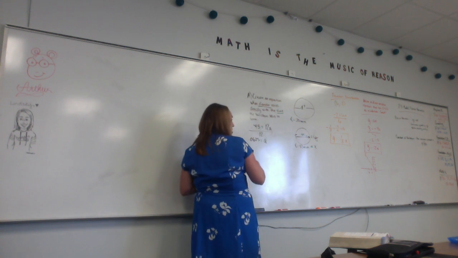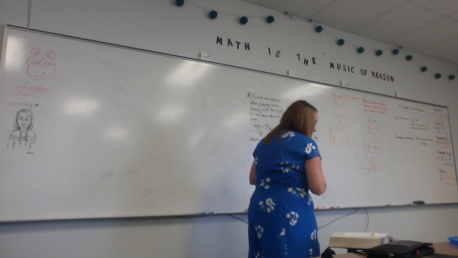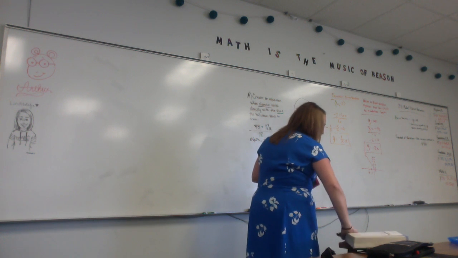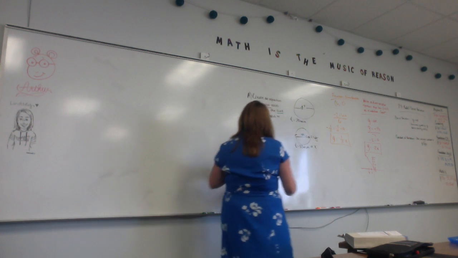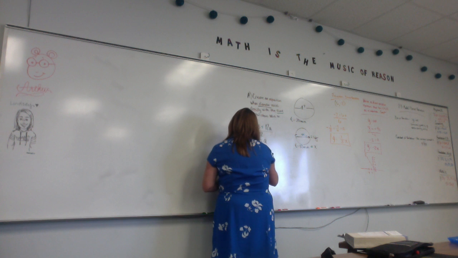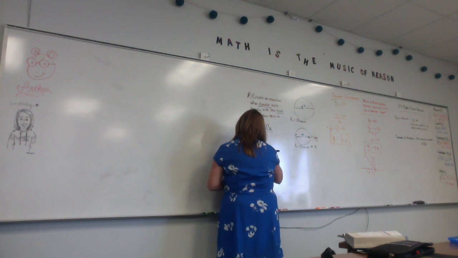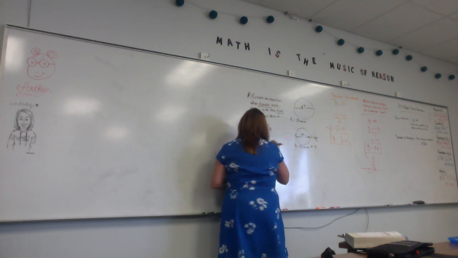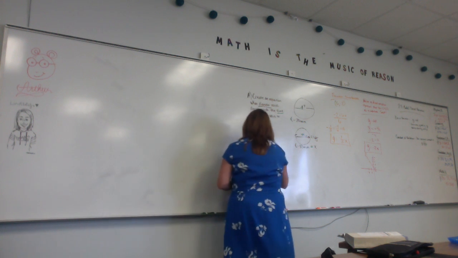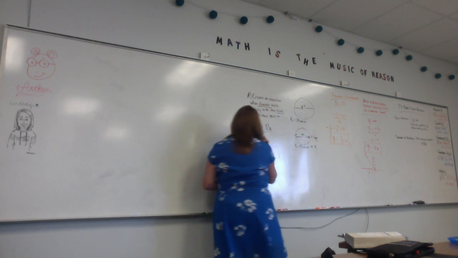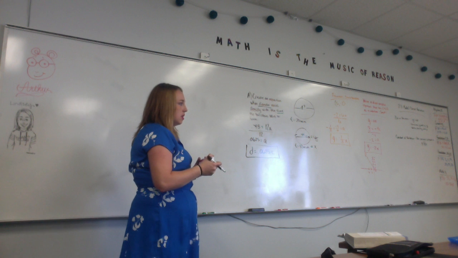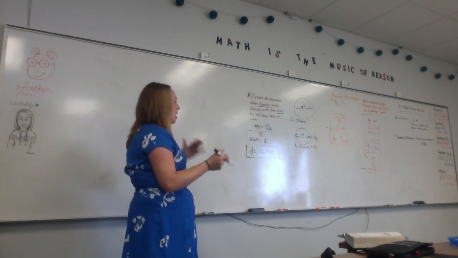Now, because they asked me to use d and t, my equation would be d equals 0.0625 times t. That is part A. That is my equation. Does that make sense? Do you understand how we matched it up?